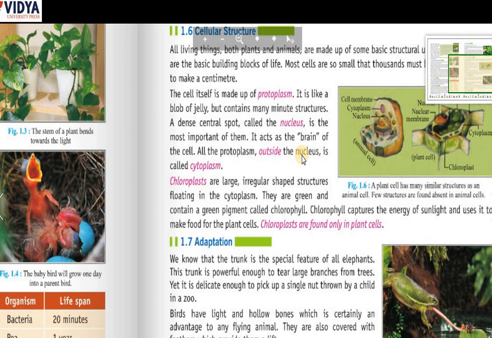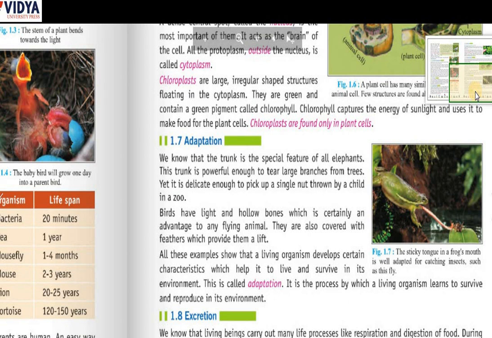The next characteristic is adaptation. The ability of a living organism to develop special characteristics which help it to live and survive is known as adaptation.